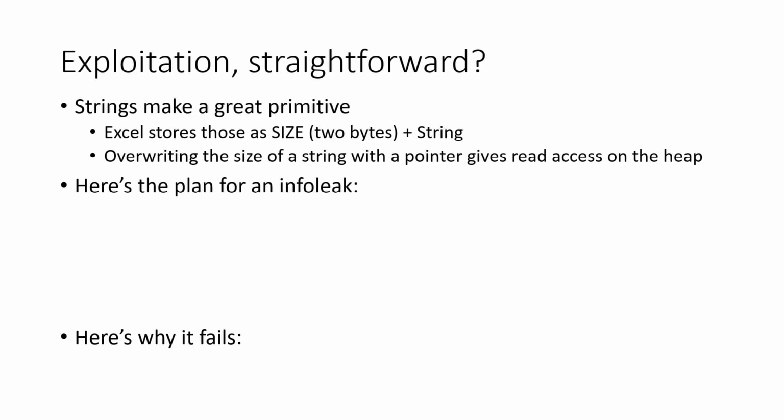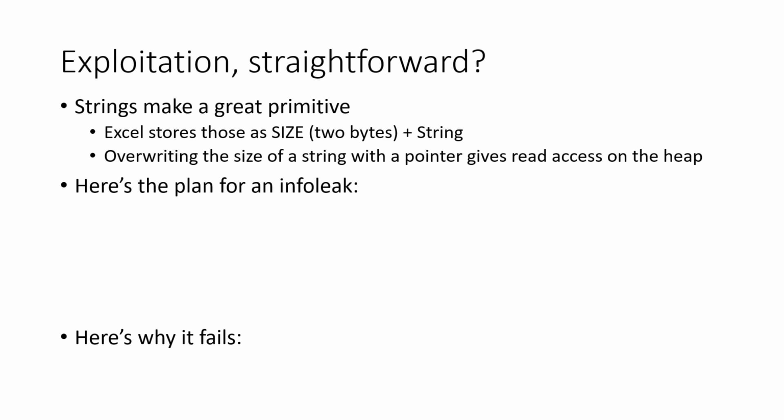So once you've got that in mind, you can think about a scenario where you would override that string length with a pointer, and then you would be able to read past the bounds of that string, potentially reading things like vtables, pointers, something like that.